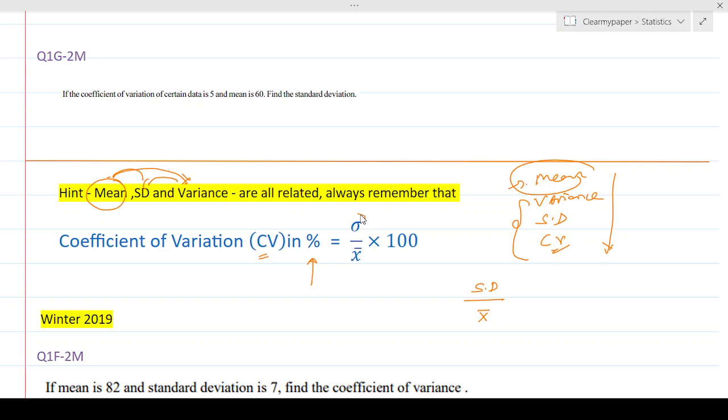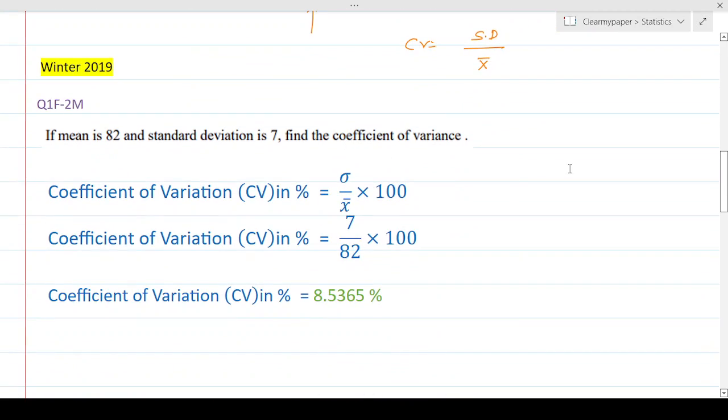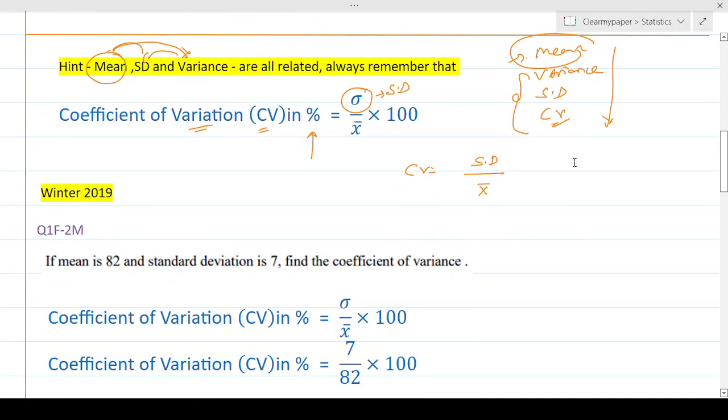This is the symbol for standard deviation, so don't get confused. If you don't remember, simply remember that CV is a ratio of SD over X bar, that is, standard deviation over the mean. That's the formula. Now let's see the different variations quickly, and it's a simple calculation. The final unit should be in percentage because you're going to multiply by 100.